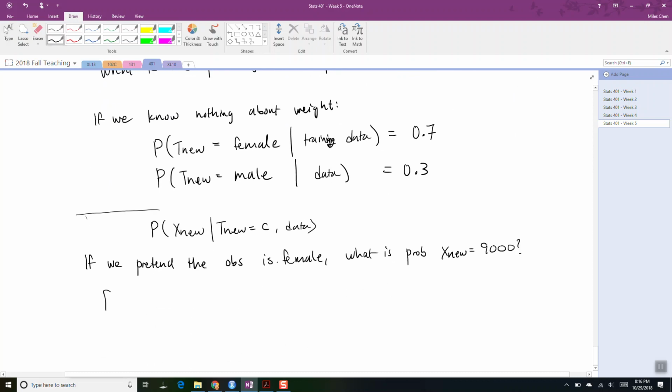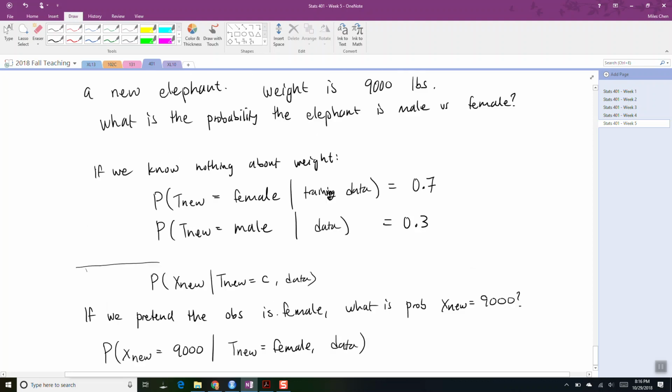Okay, so this is going to be, what's the probability that X equals 9,000 given that T nu is female and whatever our data says, okay?